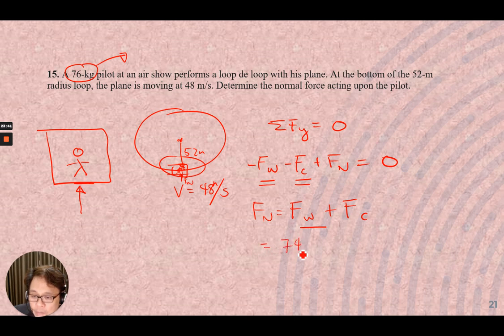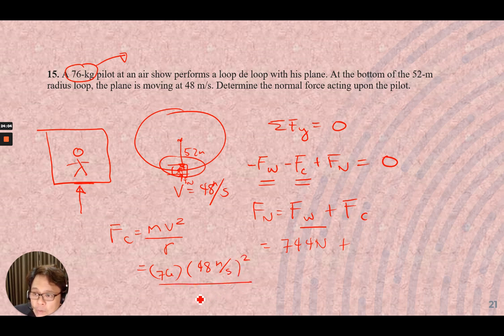So 744 newtons. Now, how do we compute for F sub c? F sub c is equal to mv squared over r. Okay, so the mass of the person is 76. The speed is 48 meters per second. Square it, divided by the radius of the loop, which is 52 meters.